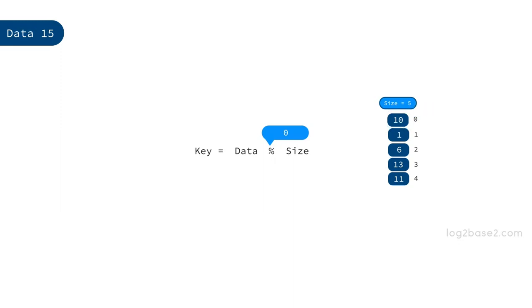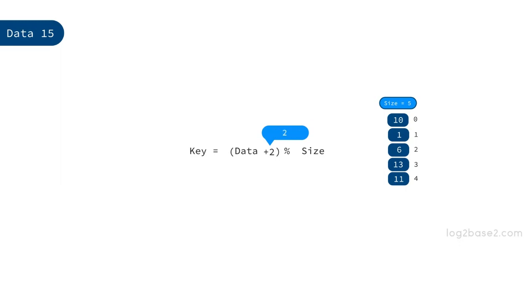So apply data plus i in this new equation and we will get (15 + 1) mod 5, that is 16 mod 5, which is equal to 1. Again, when we check index 1, it is not free. So again increment i and apply data in this equation and we will get (15 + 2) mod 5, that is 17 mod 5, which is equal to 2.